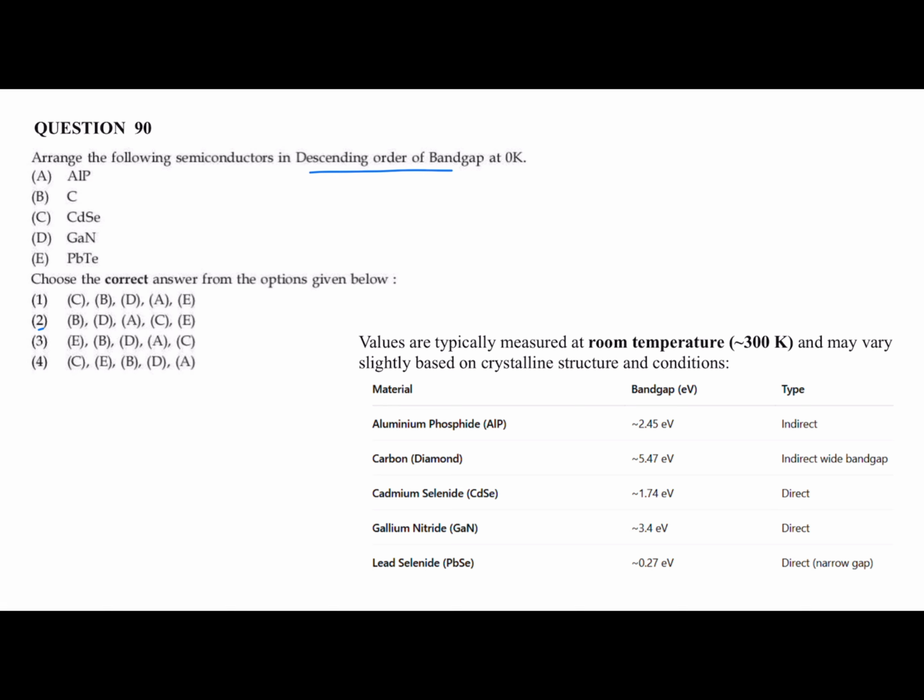In the question they have asked for decreasing order of band gap.